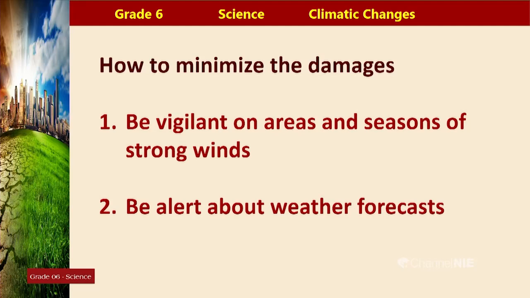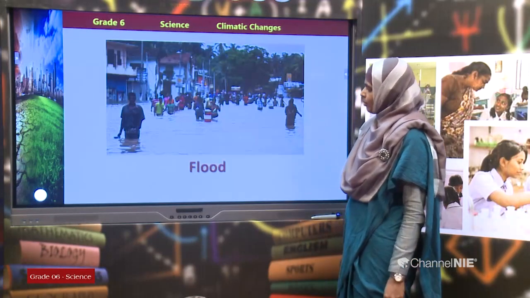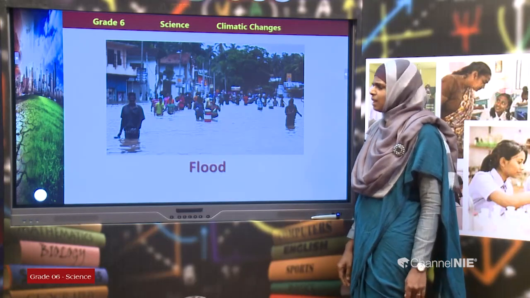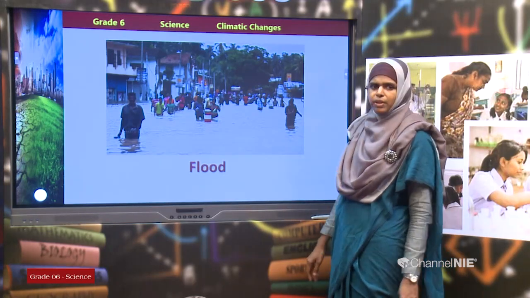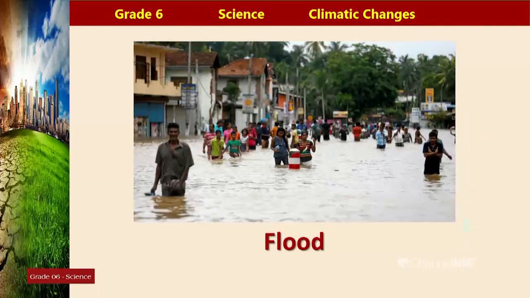And also, we have to be alert about the weather forecasting. We have to always keep a watch on what the weather forecast says. Then we can minimize the damages due to cyclones. Let's look at another natural disaster which affects Sri Lanka, which is flood.